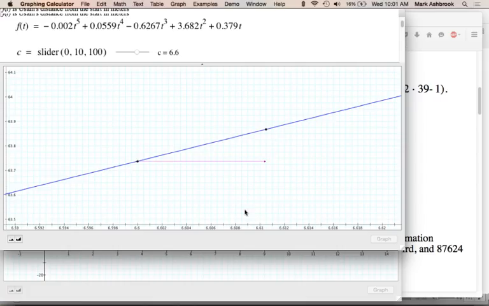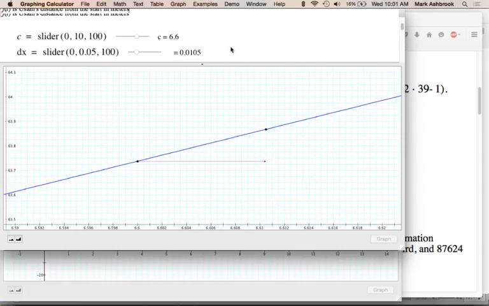Okay, so the change in x here, I think I'm showing a change in x of 0.01005. Okay, and you said to find the corresponding change in y. And then what?